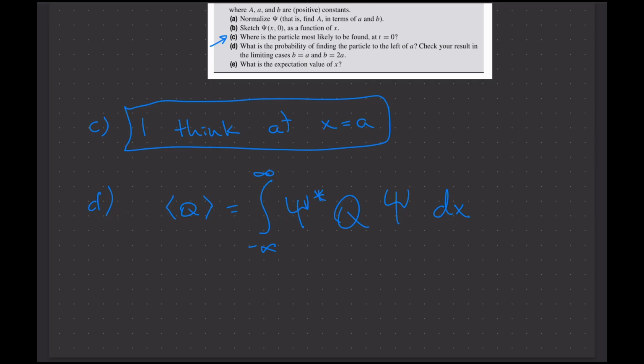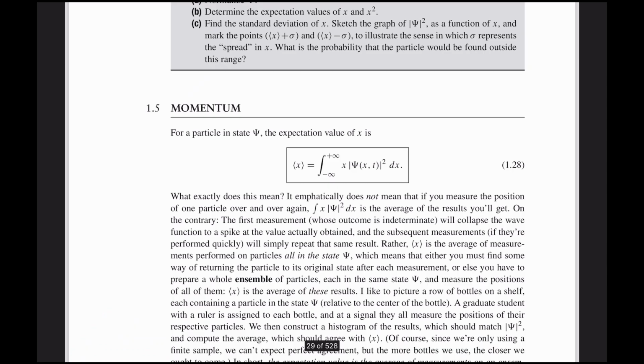But psi star psi is basically, if you take this and you take this, it's basically this. All right, so we're going to check the book very quick. Here we go. Section 1.5. For a particle in state psi, the expectation value of x is, and then we do this.